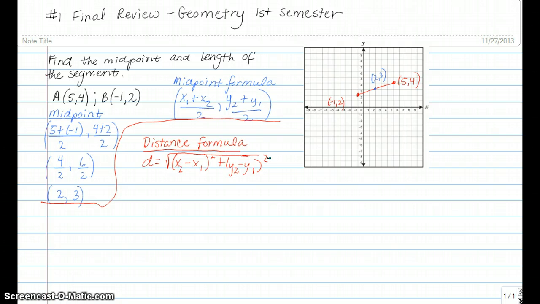The distance formula is related to the Pythagorean theorem, a squared plus b squared equals c squared. And you're going to see that relationship here in just a minute.